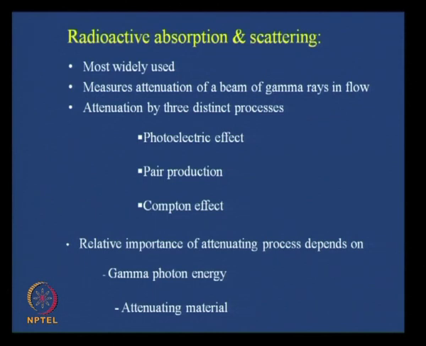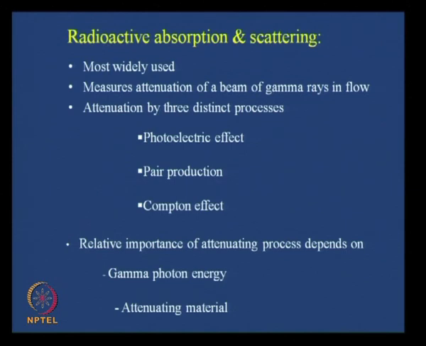Now, which process is going to be important out of the 3: the photoelectric effect, the pair production, or the Compton effect? The relative importance of the attenuating process depends on 2 things. What is the gamma photon energy? For example, if the energy is high, pair production is more important.